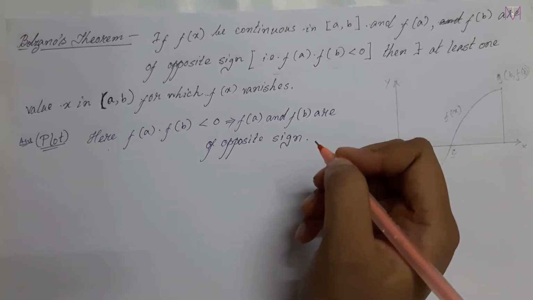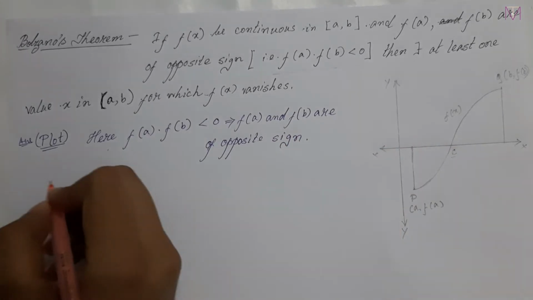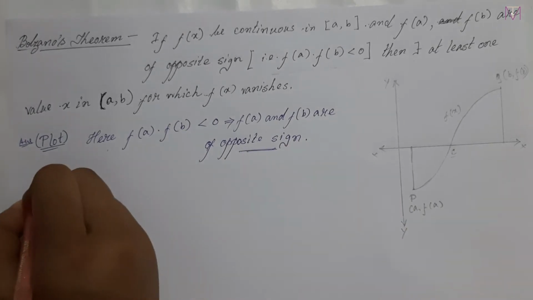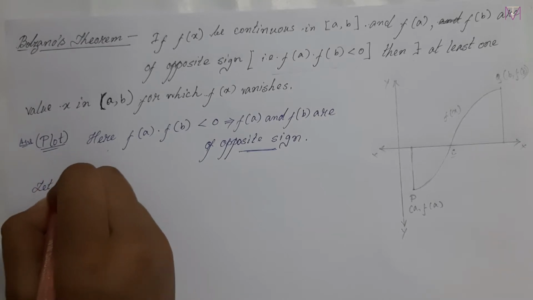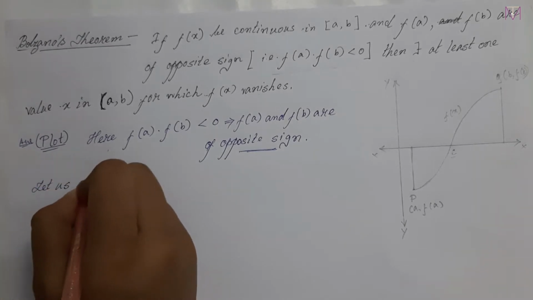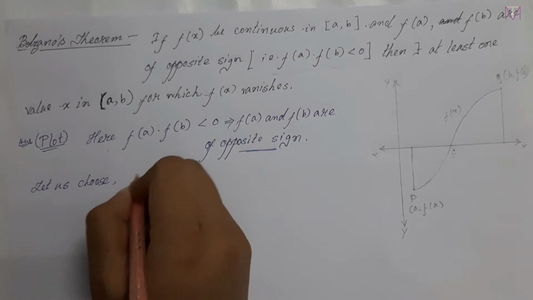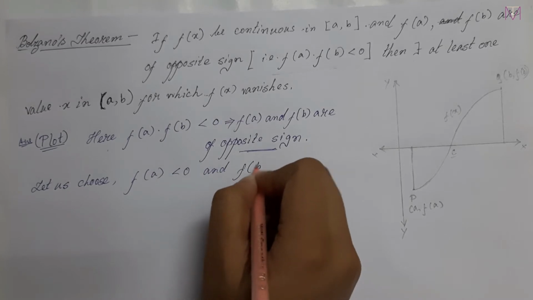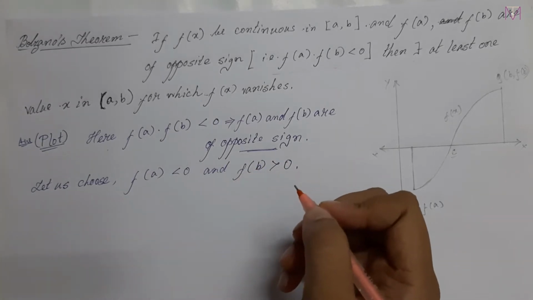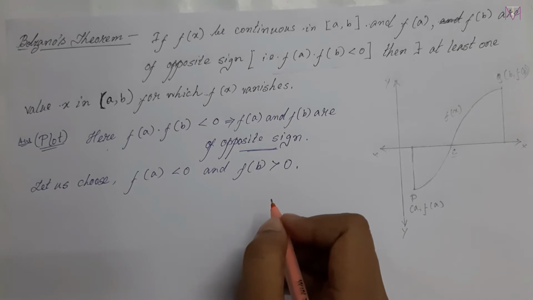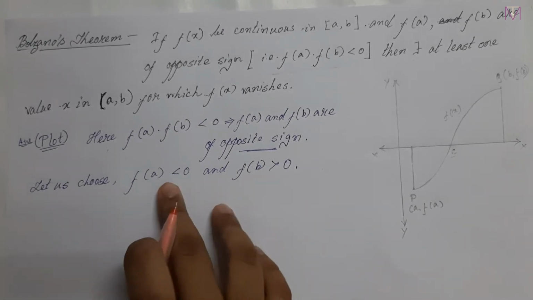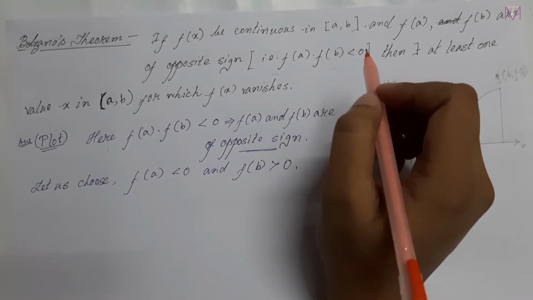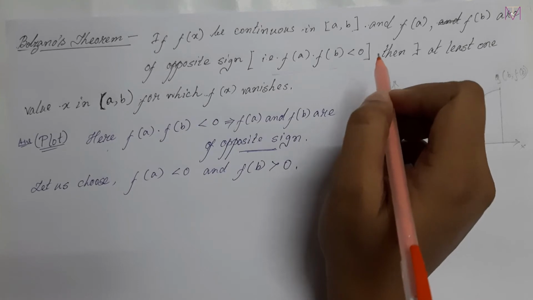So if these are of opposite sign, then let's assume that f(a) less than 0 and f(b) greater than 0. So we have to prove that in this interval (a, b), there is obviously at least one point where f(x) is equal to 0.